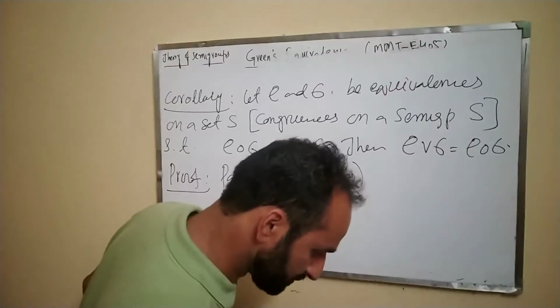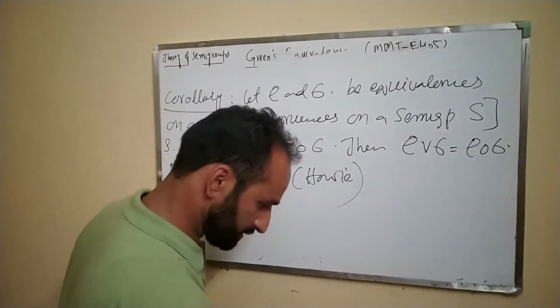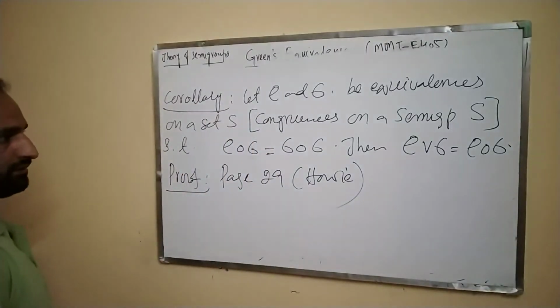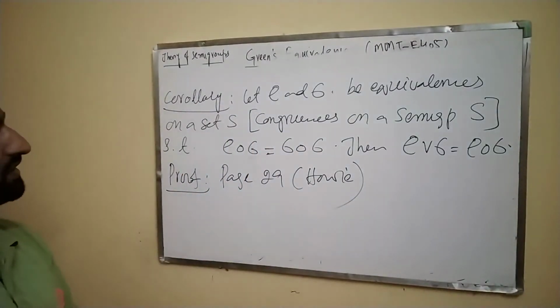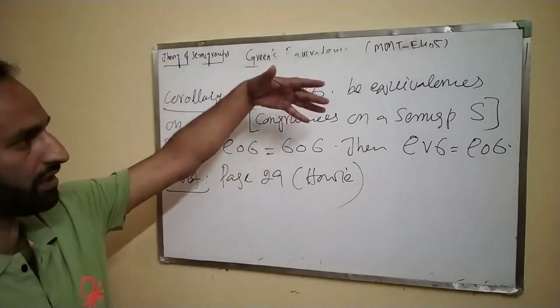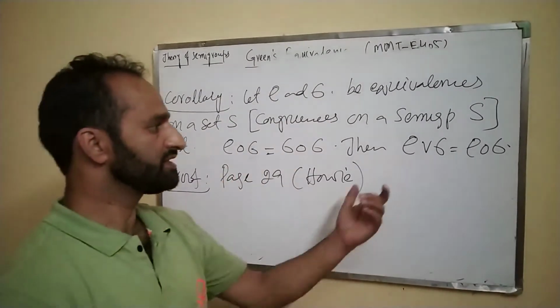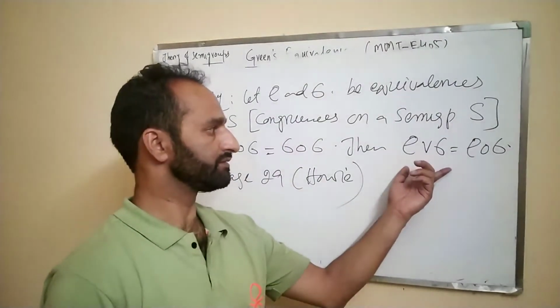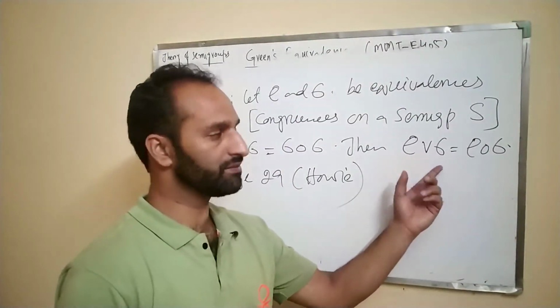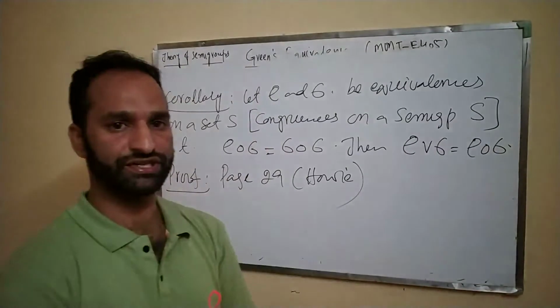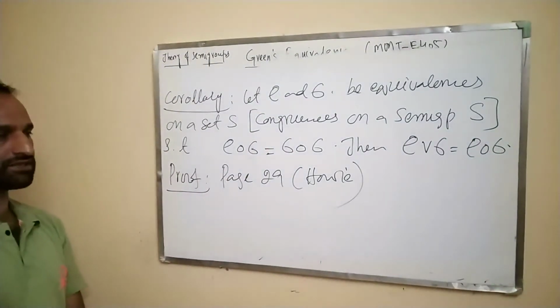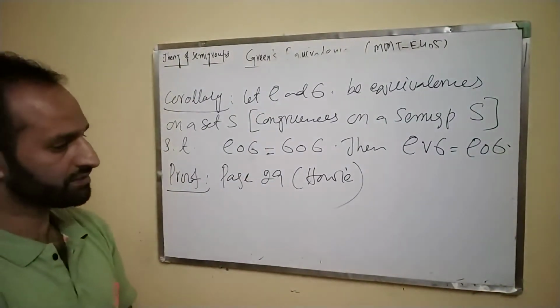It's not too difficult. In case the congruences or equivalences commute, then the least upper bound of these two equivalences or congruences will be equal to the composition of them. It's very simple.